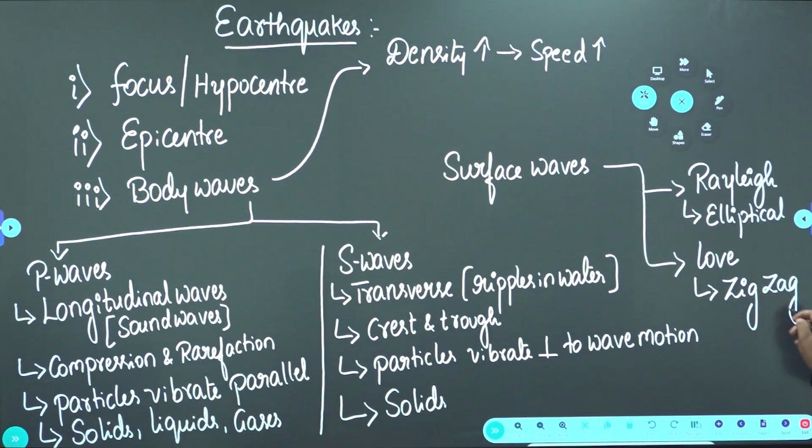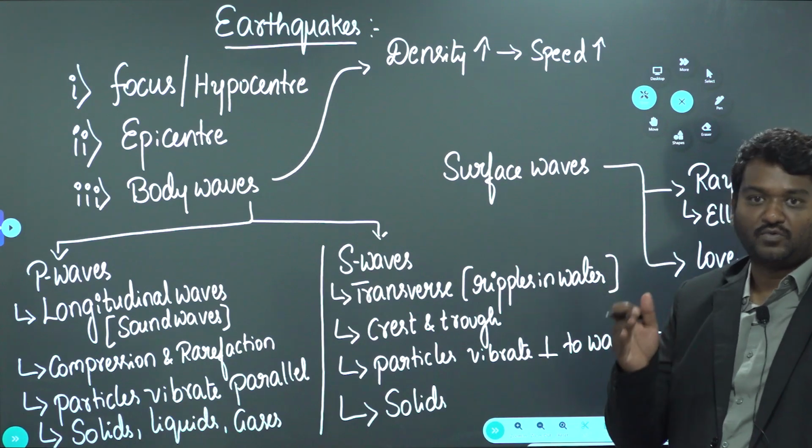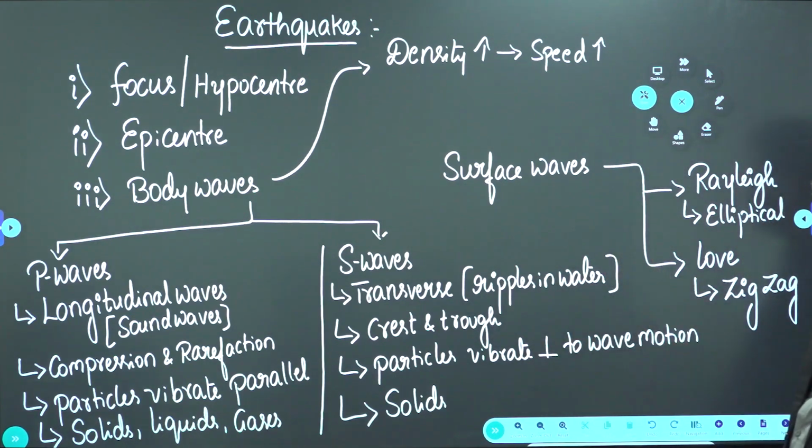It was mostly zigzag. The surface waves were so powerful it hit Bangkok as well, right? Kolkata shook. Surface waves impact reduces from the epicenter outwards, and on the basis of that itself we make zones. Zone 1, zone 2, when you say, that is on the basis of that itself.